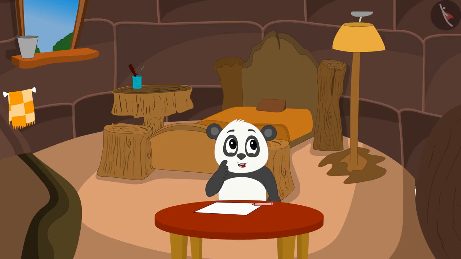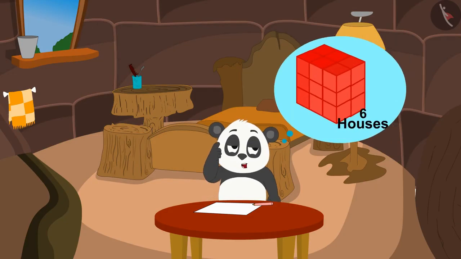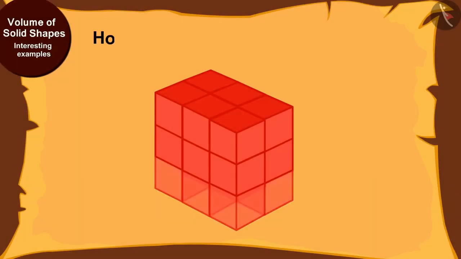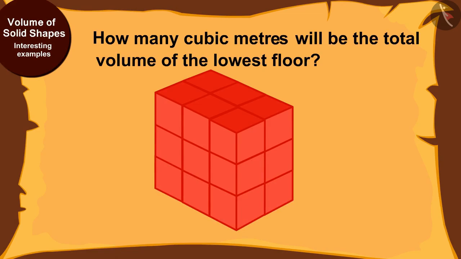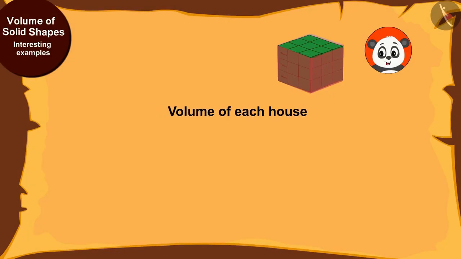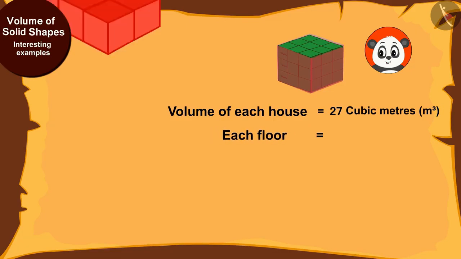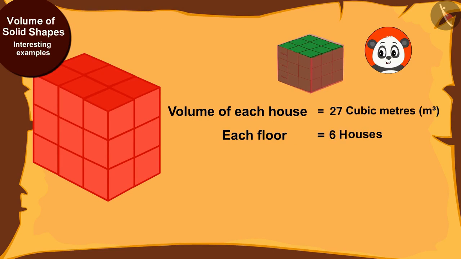If I build 6 houses on each floor of the building, how many cubic meters will be the total volume of the lowest floor? The volume of each house is equal to 27 cubic meters, and there are 6 such houses on each floor.